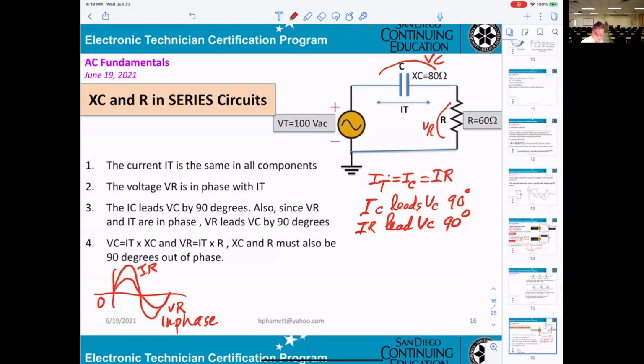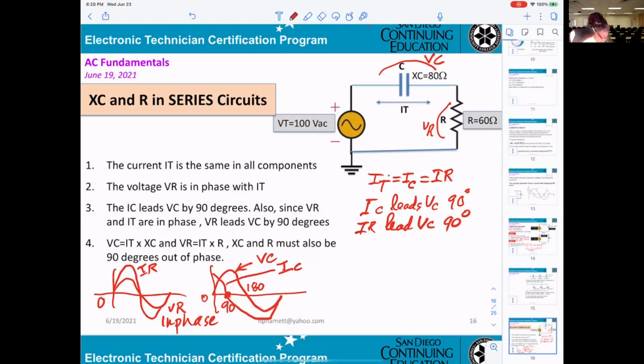And now, if you're looking here for the VC, this is the VC here. And this is 180 degrees, 90 degrees right here. So you see they will go this way. So that will be IC. IC goes 90 degrees before the VC.